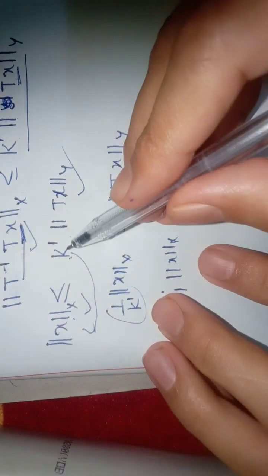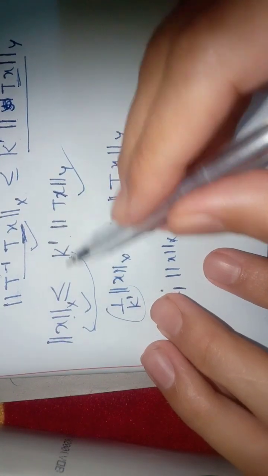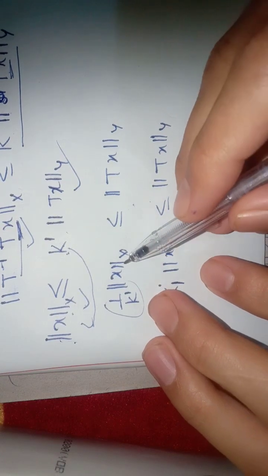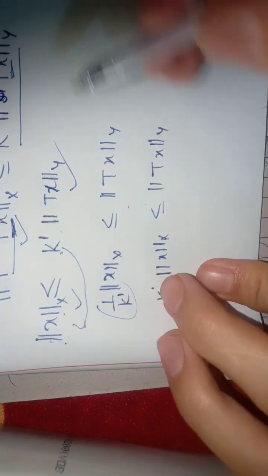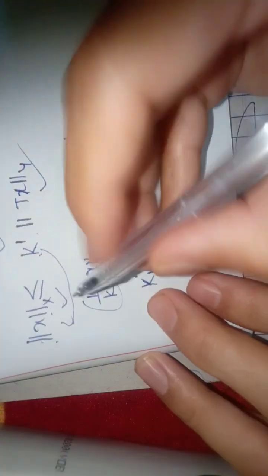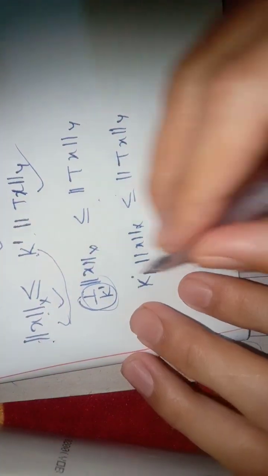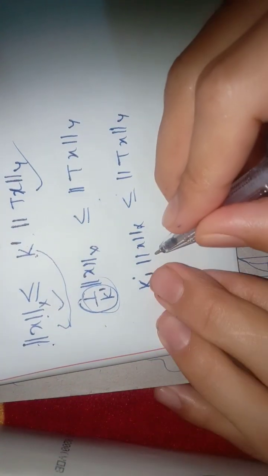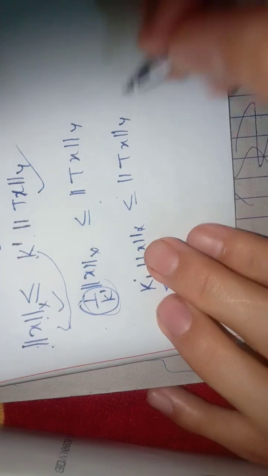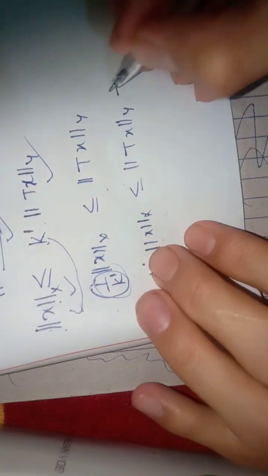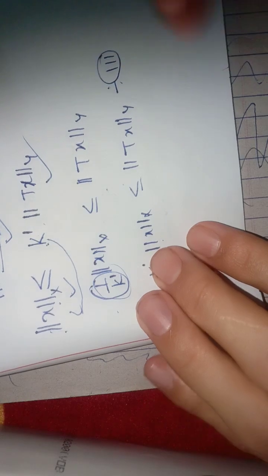Putting this in, 1 over k dash norm x is less than or equal to norm Tx. So we can put this equal to k1, so k1 norm x is less than or equal to norm Tx, and this is our third part.